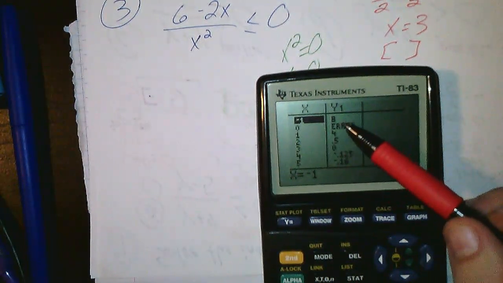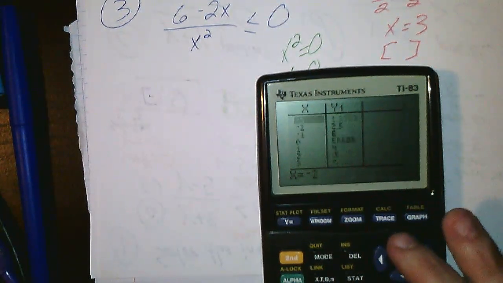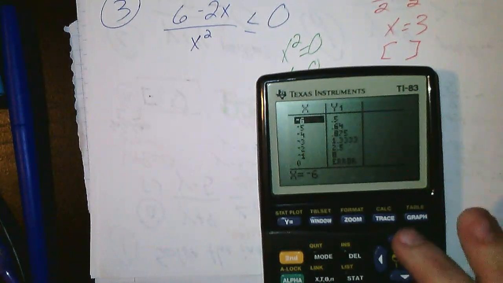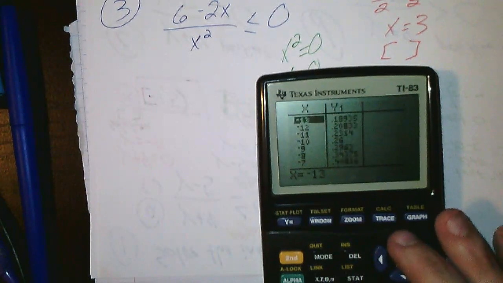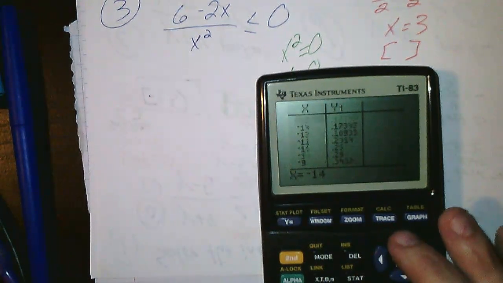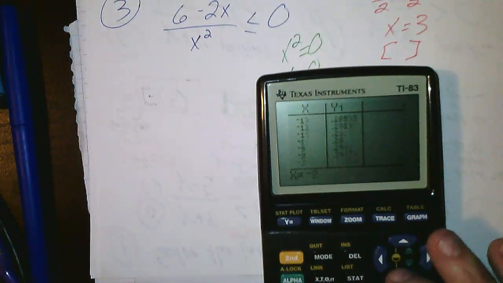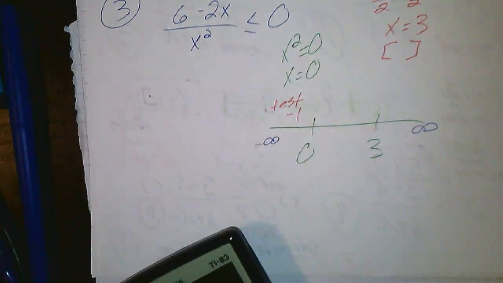We can see that we get a positive value to the left of 0. All of these values are positive. They get increasingly smaller, but they're still positive. They never become negative. They just get kind of infinitely closer to 0. So they're positive to the left of 0.